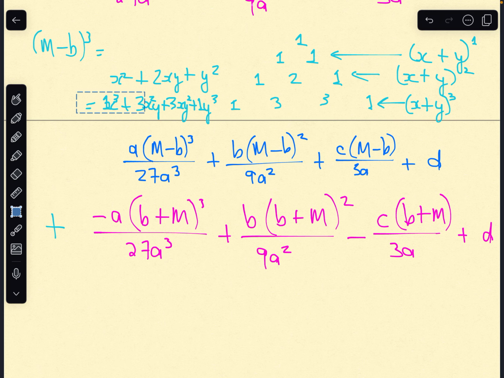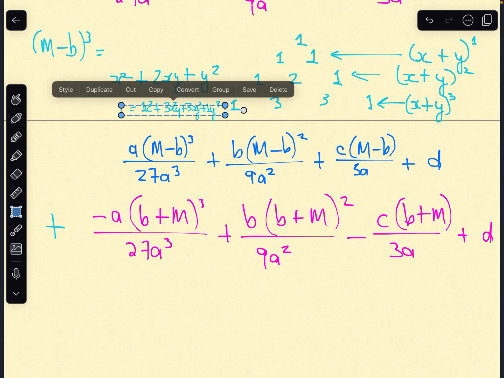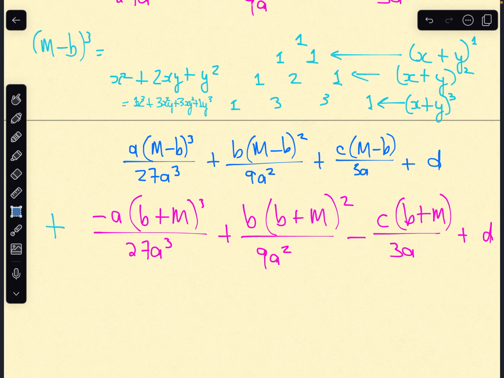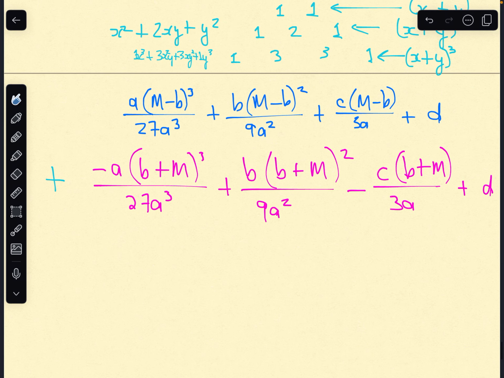Okay, so how does that help us here? It helps us because now we can say, for the first term, we have a times, so we're gonna have a 1, 3, 3, 1.